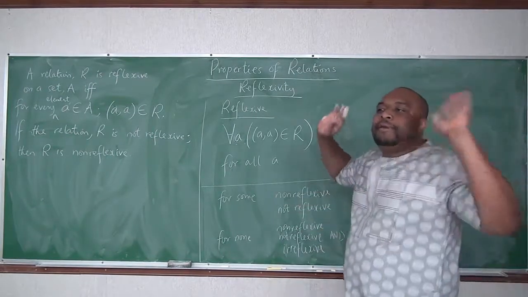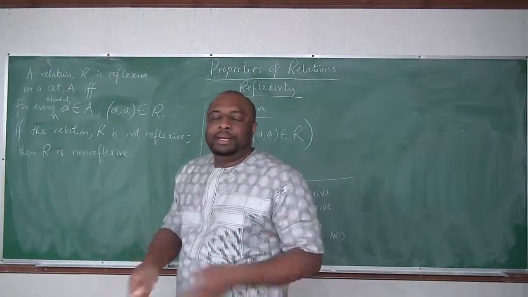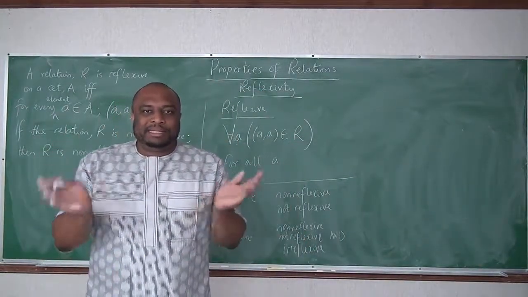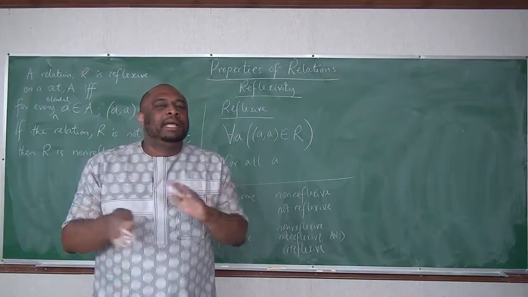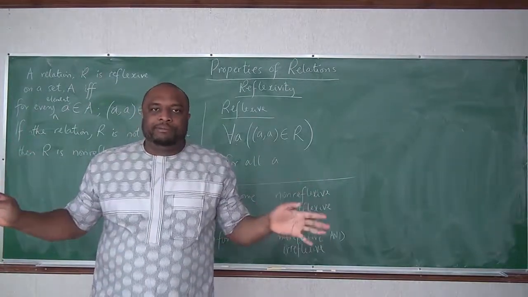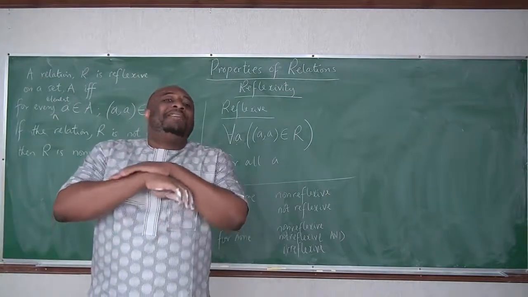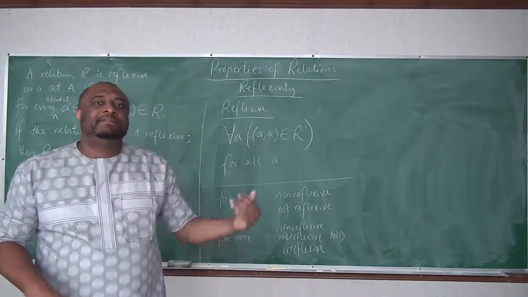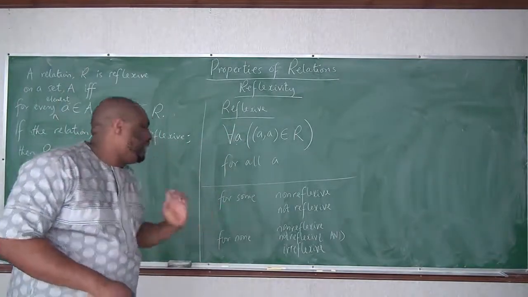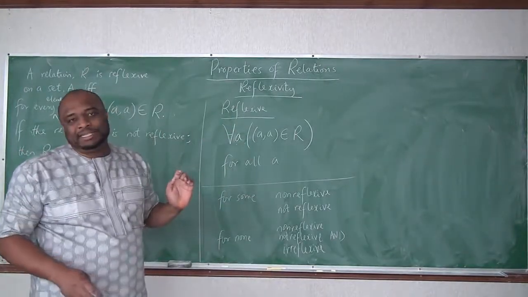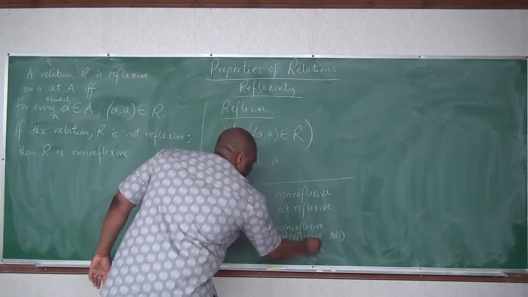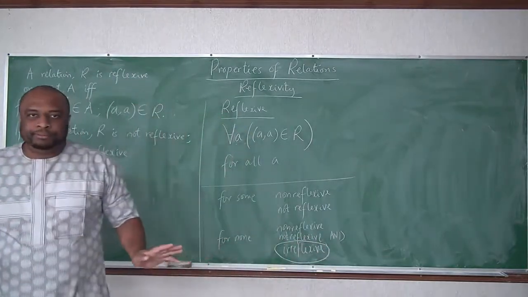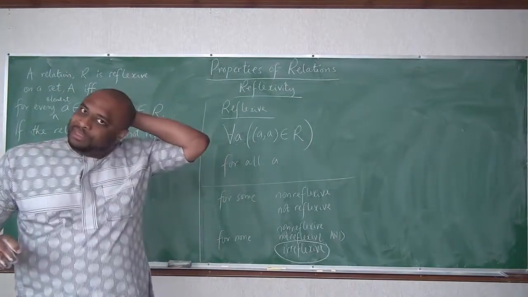If we don't have every element that repeats itself, we say it is not reflexive. If we do not have any of them at all, we still say it is not reflexive and also irreflexive. When we don't have any element at all that repeats itself, we say it's irreflexive.